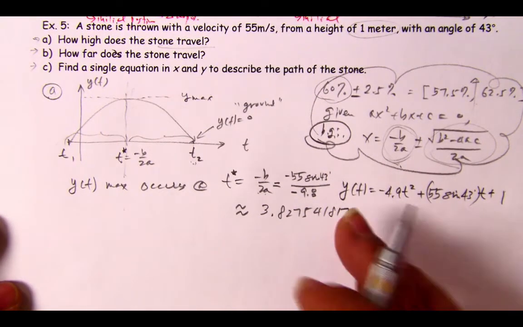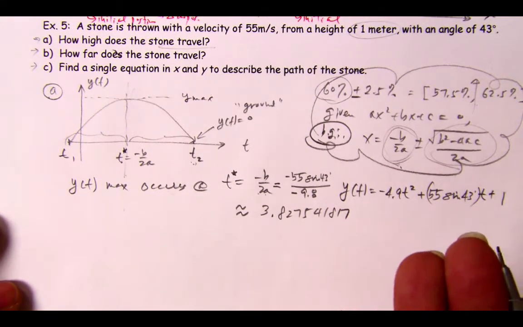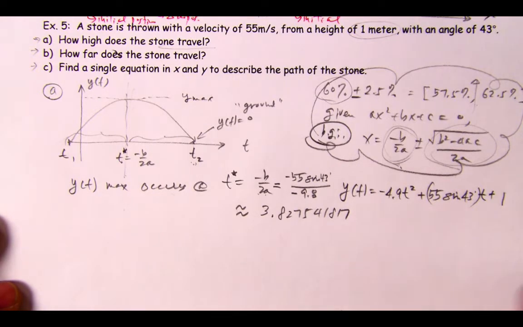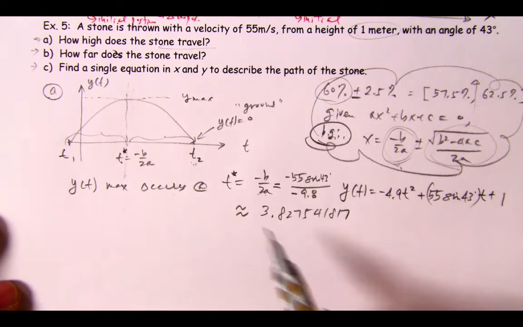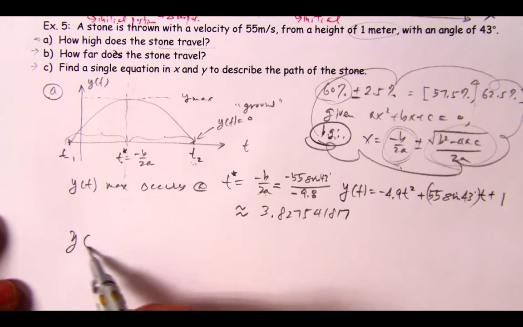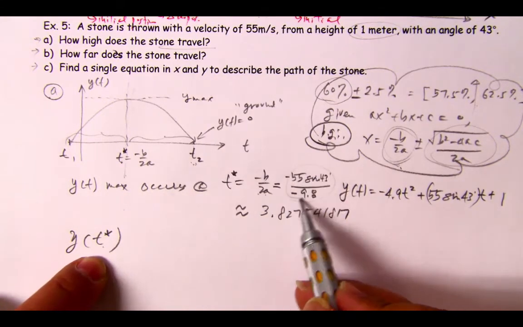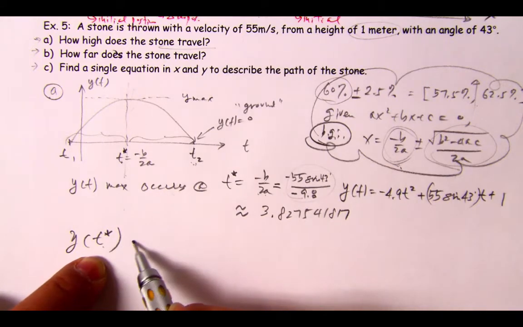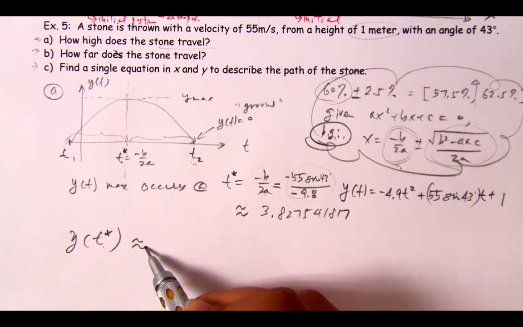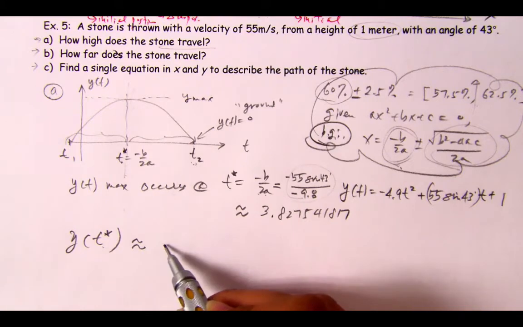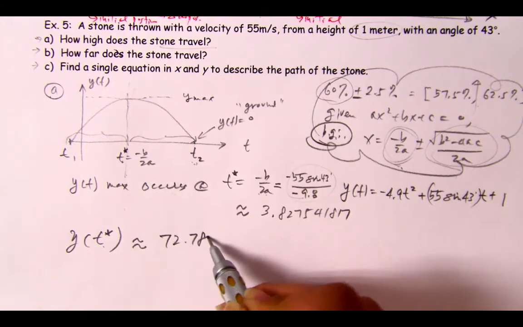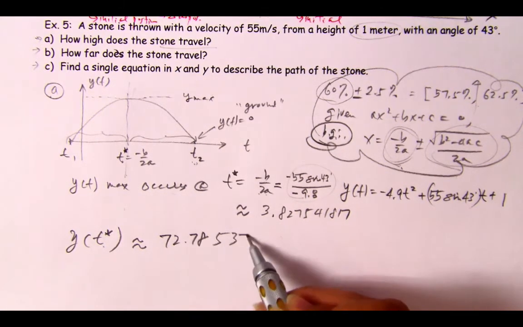But when I'm doing it, I'm going to just substitute the value in its entirety using the calculator, right? So to find that y of t star, that indicates that I'll be using the calculator value in this. When you do that, the answer should come out to 72.78537416.